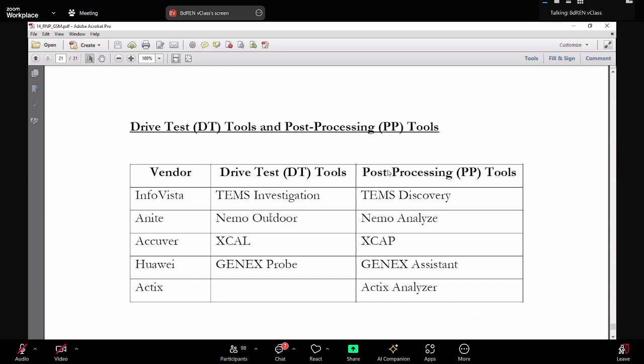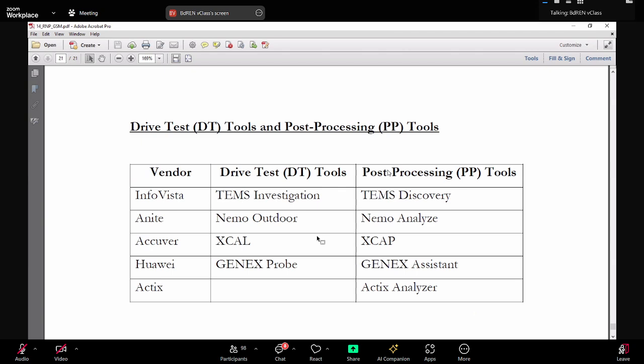Then the software actually collects the information from your phone. Now, the software vendors have some deal with the chipset manufacturers of the phones. That's how they can collect data from there.